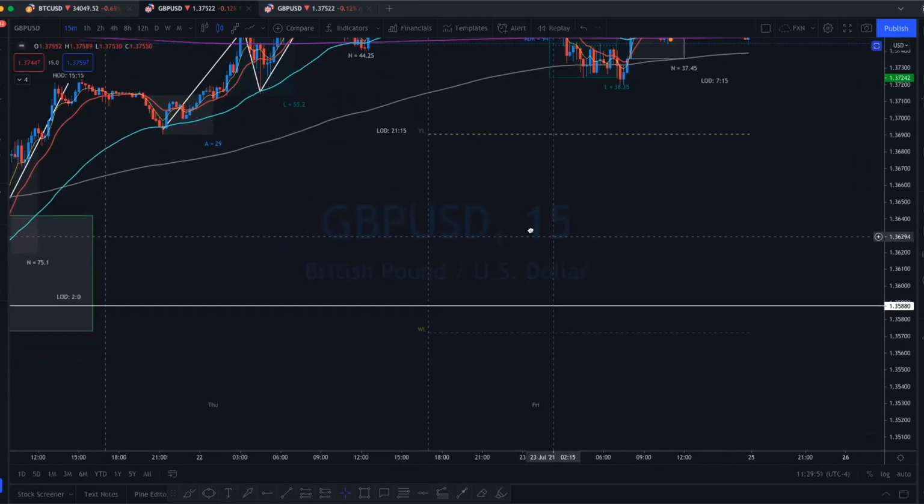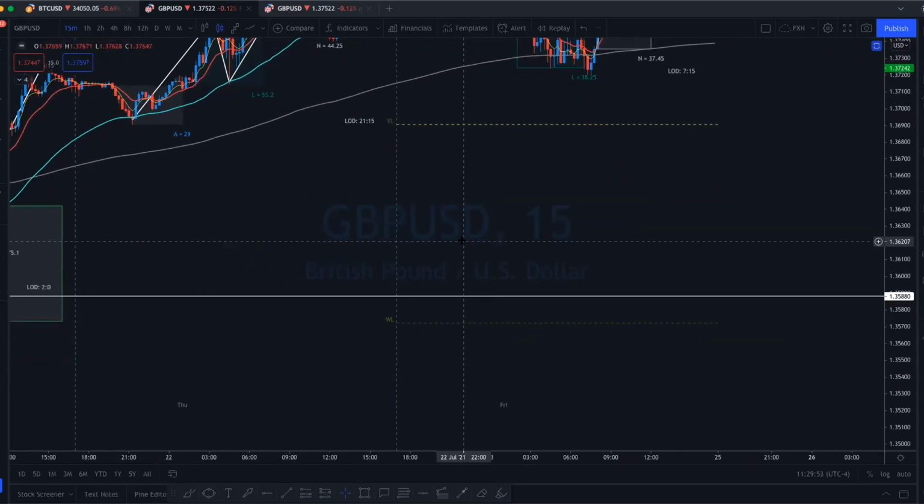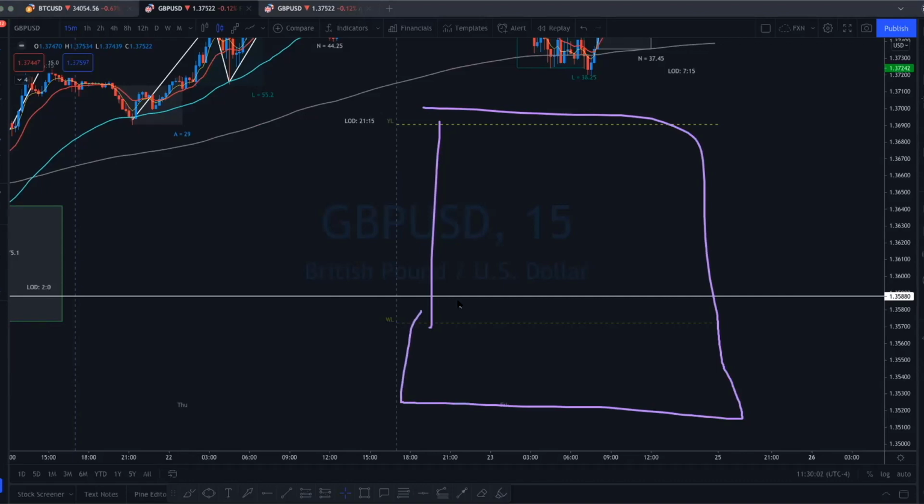Think of the trade setups like type 1s, 2s, and 3s as a checklist. Think of yourself as having a checklist of, I don't know, maybe 5 to 6 things for each setup. So let's say you're trading a type 1, what are you looking for to help confirm that trade setup?